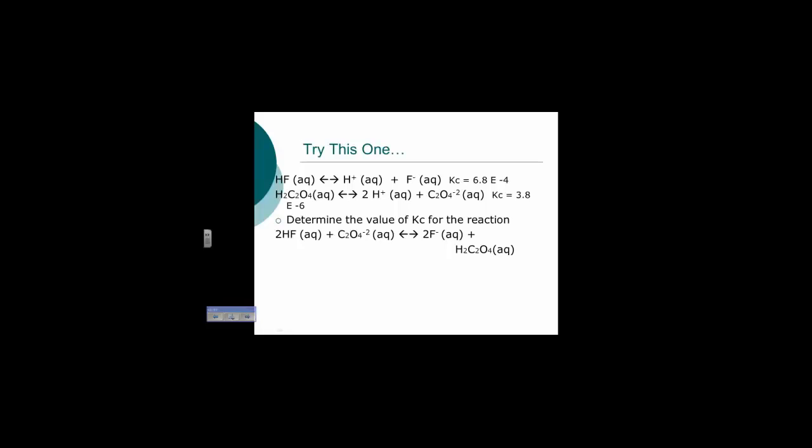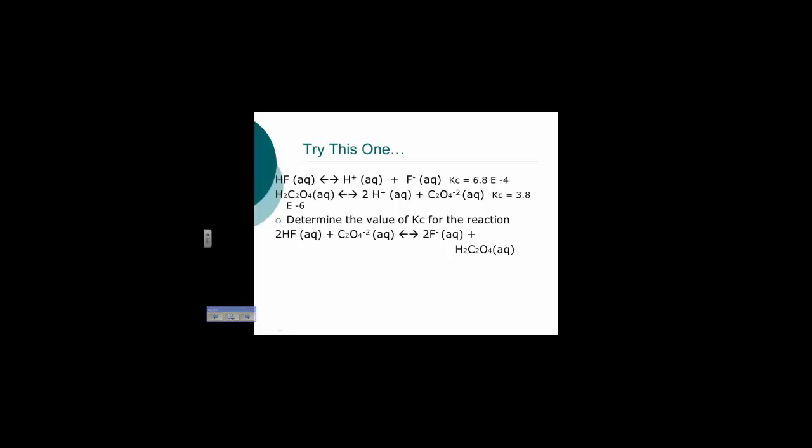Here's the target. When I add these two equations together, I want them to create the following target. 2 moles of HF plus C2O4 negative 2 in dynamic equilibrium with 2 fluorides and the oxalic acid.